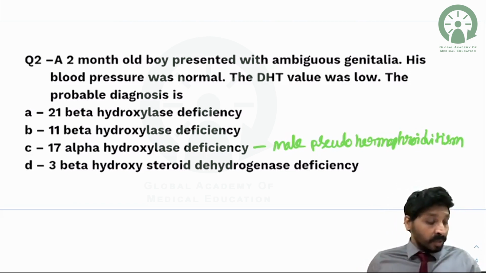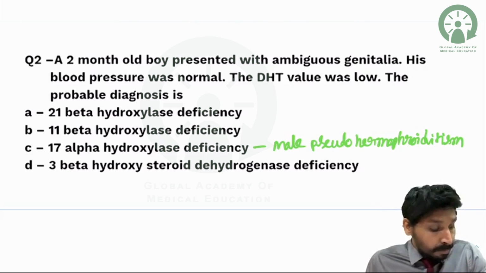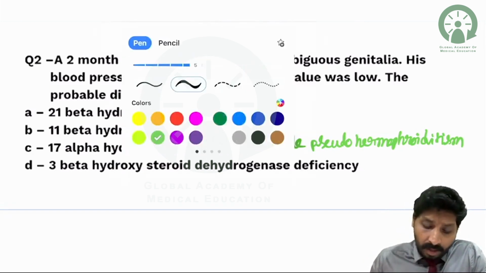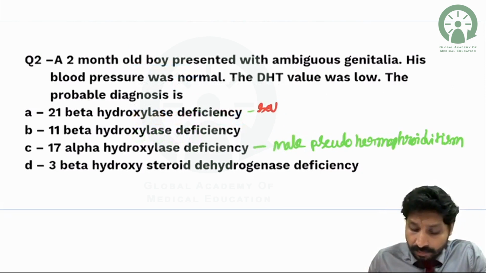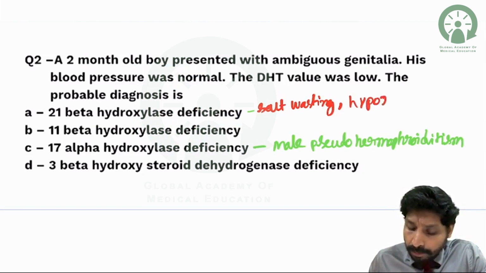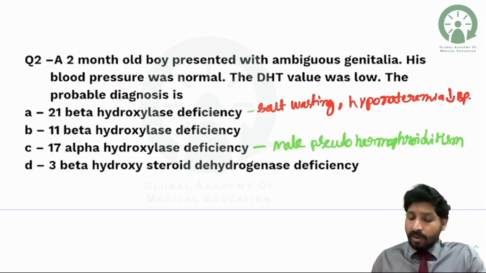I'll tell you here. So in 21 beta hydroxylase, it is a salt wasting form. Okay, it is a salt wasting form, and at the same time hyponatremia is a feature. His BP was normal, so decrease in BP is also something you can make out in 21.